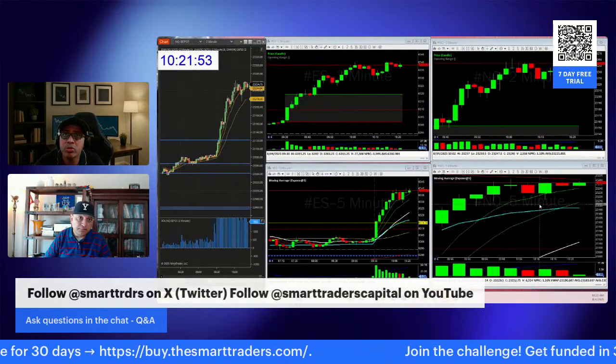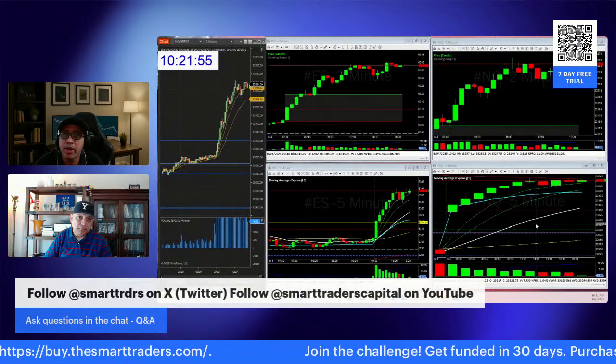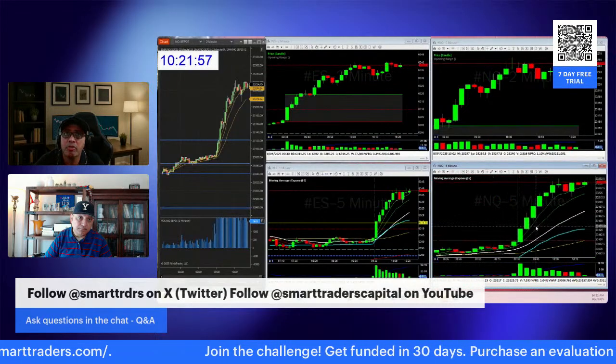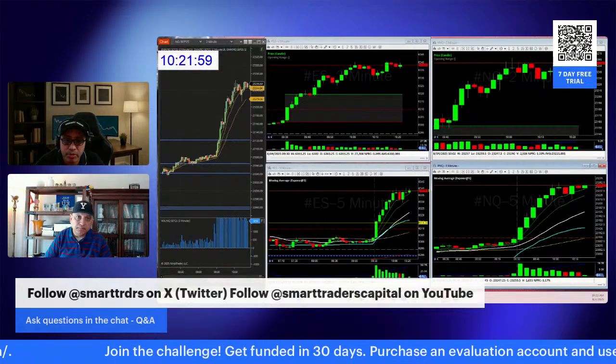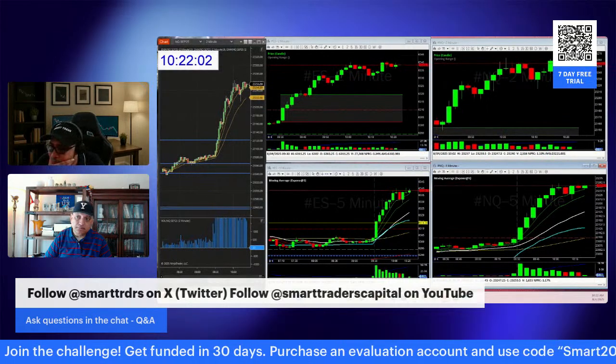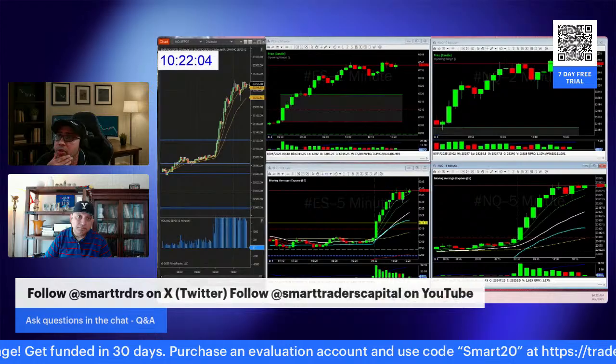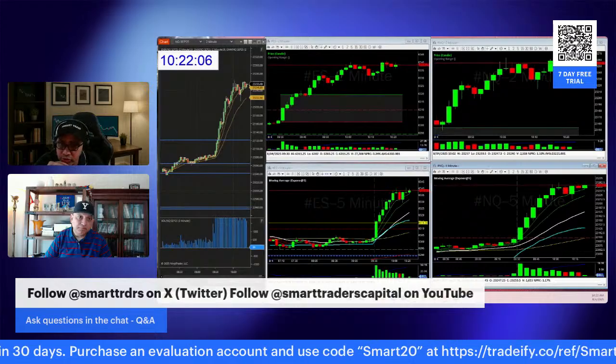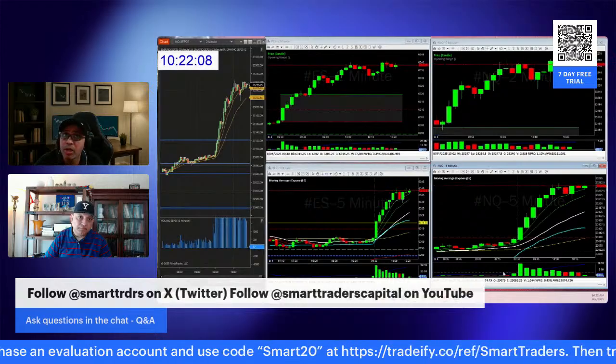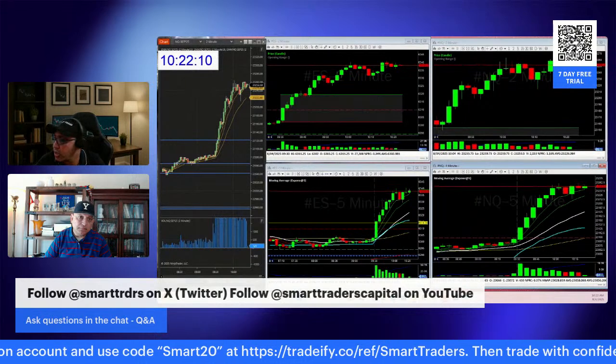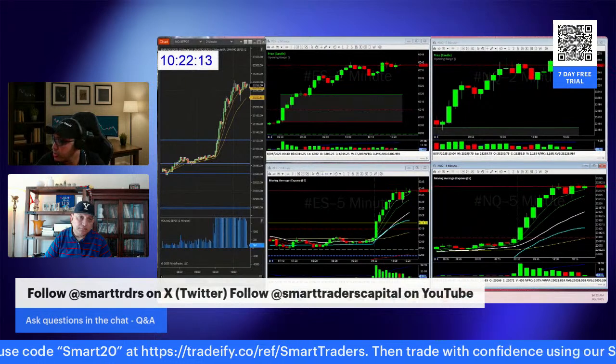If it's reclaiming those indecisions, that means buyers are still there, and it's just going to be harder for us to short. This is not the short pattern for me. There's no edge here. It's a 50-50 chance, unless we see it clearly coming out below these ranges.